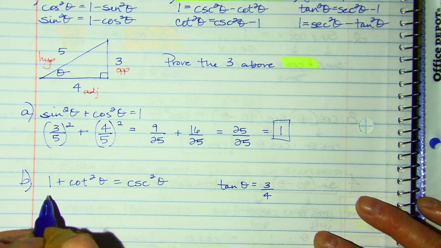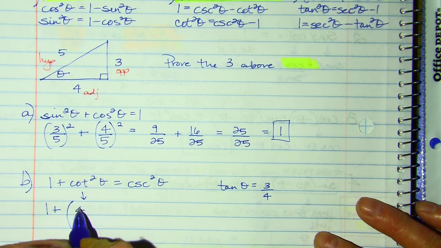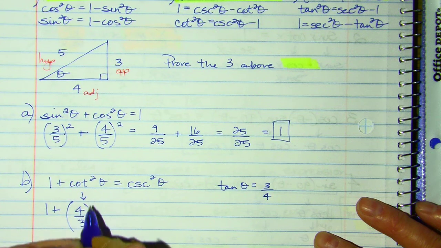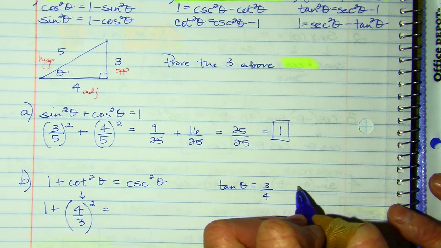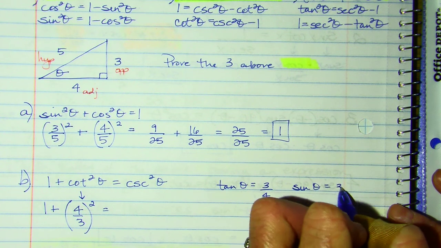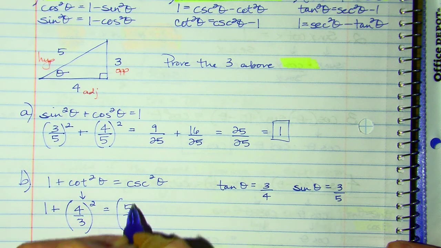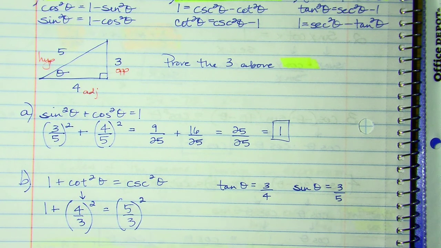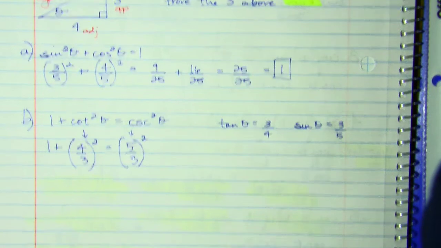So I'm going to bring down 1 plus the cotangent would be the reciprocal of that, and it's squared. Cosecant is the reciprocal of sine, and the sine of theta is 3 over 5, so the reciprocal would be 5 over 3 squared.